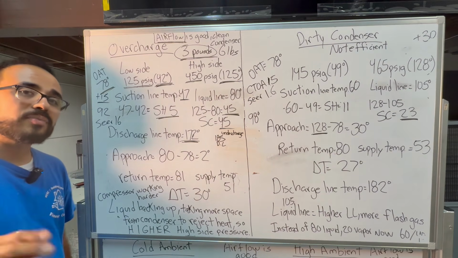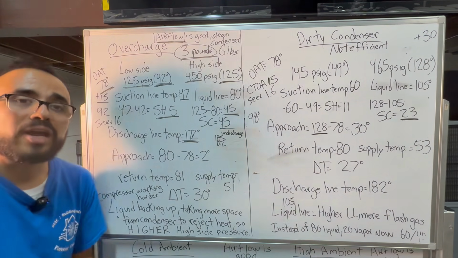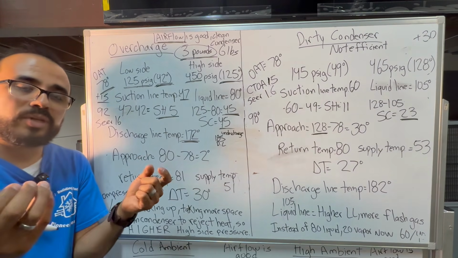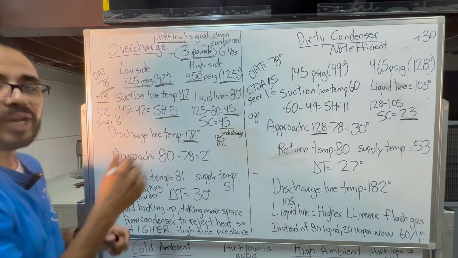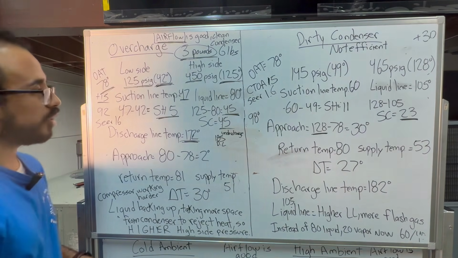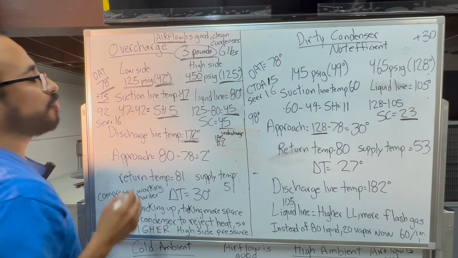But typically, a system that is overcharged, both your low side and your high side will run higher pressures because there's just too much refrigerant, more pressure in the system. So just understand that your pressures would run higher on a system that is overcharged. I think it was running on stage 2 cooling. Regardless though, we had 125 psi, 42 degree evaporator temperature.